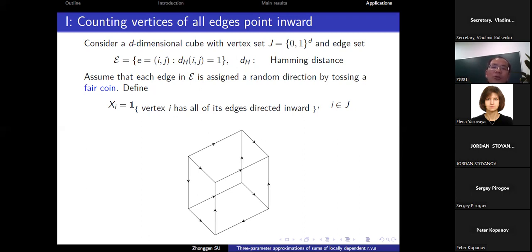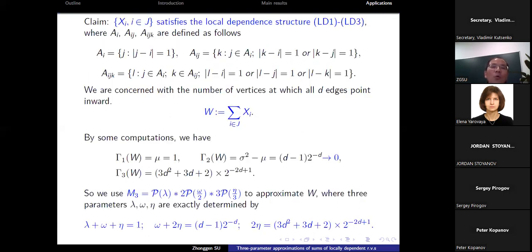Only one point has 3 edges directed inward. Now we claim xi satisfies the local dependence structure, where A_i, A_ij, A_ijk are defined as follows.